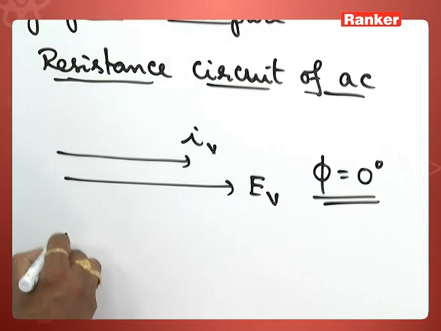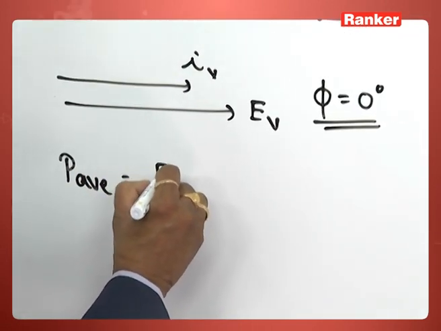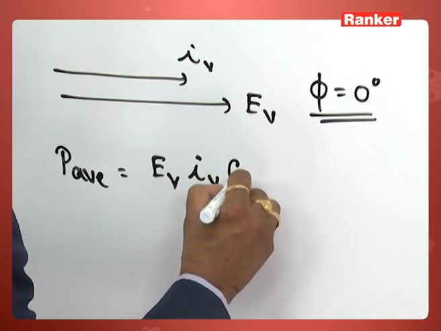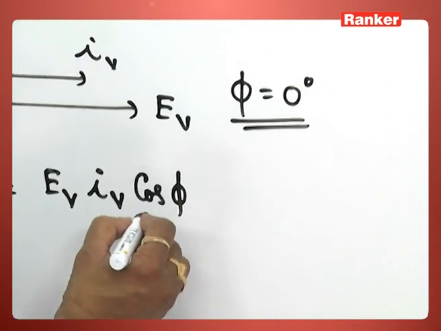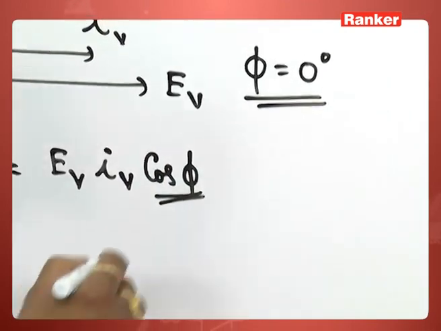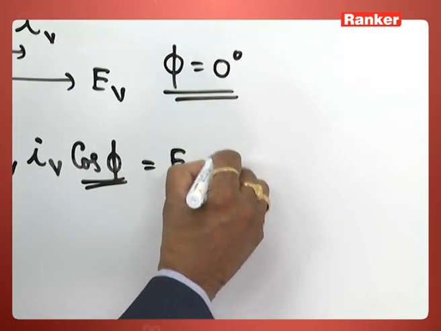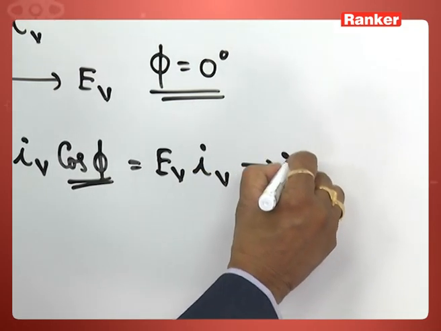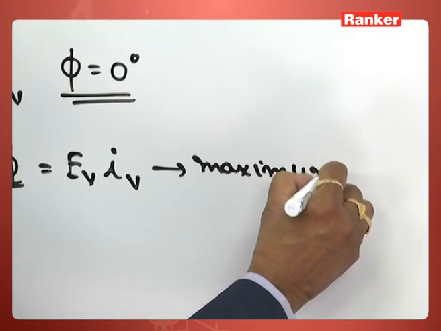But we know the average power is equal to virtual EMF into virtual current into cos phi. Since phi is 0, cos phi becomes 1. Therefore, we will be getting this formula as EV into IV. In fact, this is to be called the maximum value of power.